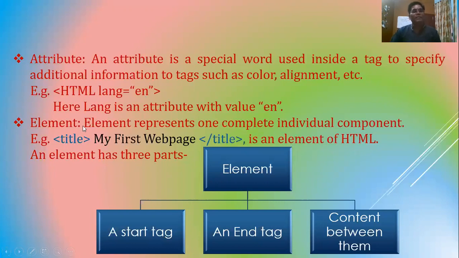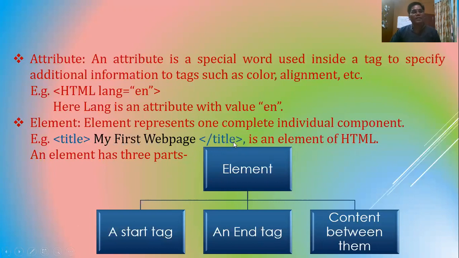Element. What is an element? An element represents one complete individual component. For example, you can see over here title, my first page, and then this title tag has been closed by using a forward slash.